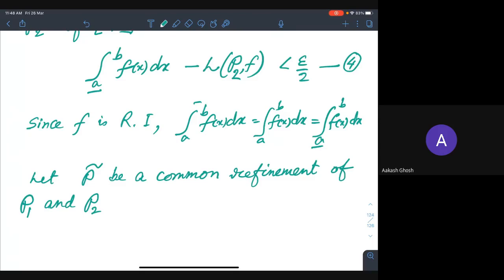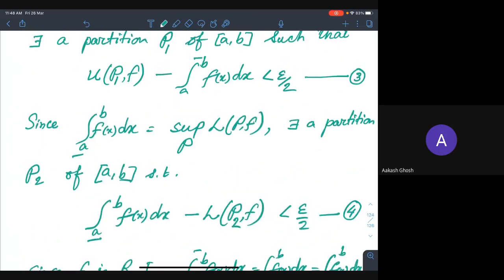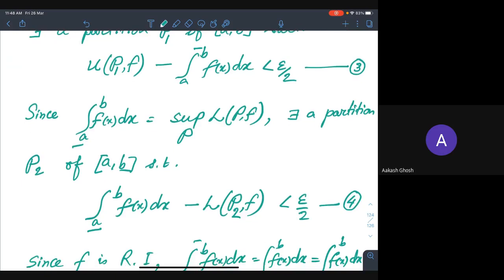Now, once 3 and 4 are true for P1, it will be true for any refinement of it. In case of the upper sum, the refinement will be smaller.